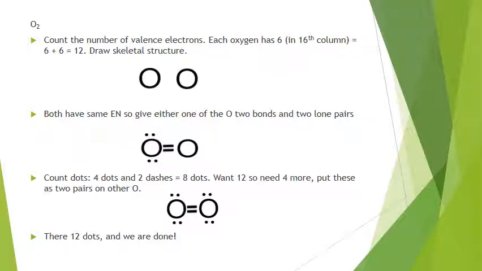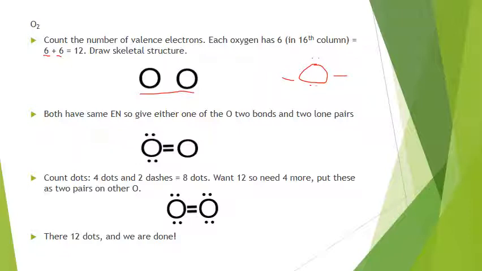All right, O2, sorry about that. Count the number of valence electrons. There are 6 for each oxygen. Skeletal structure: it doesn't matter which one you consider the outside atom. So I'll pick this one right here, and I'll give it 2 bonds and 2 lone pairs. That's what I said about oxygen. It'd be silly to pick this version of oxygen because it's only connected to one thing.